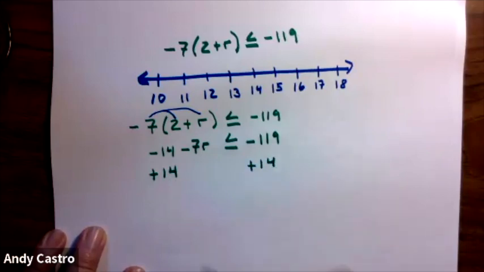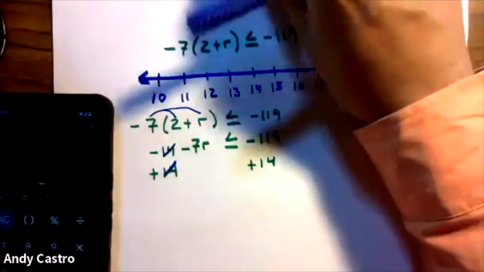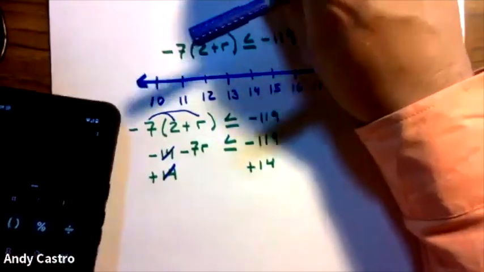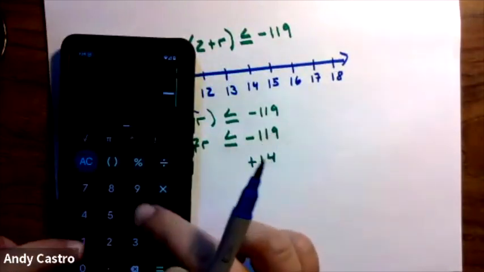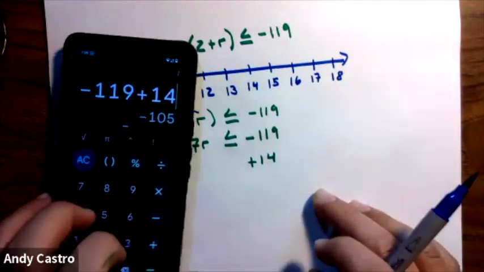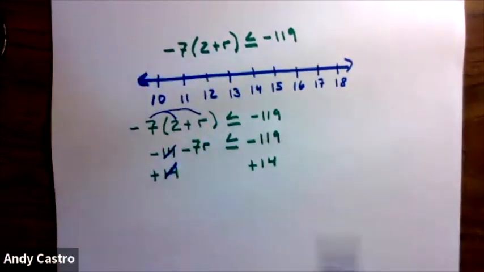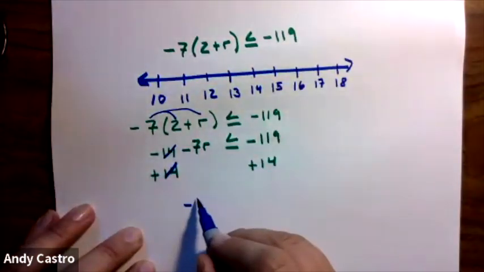Going to add here with my calculator. That gives me negative 105.